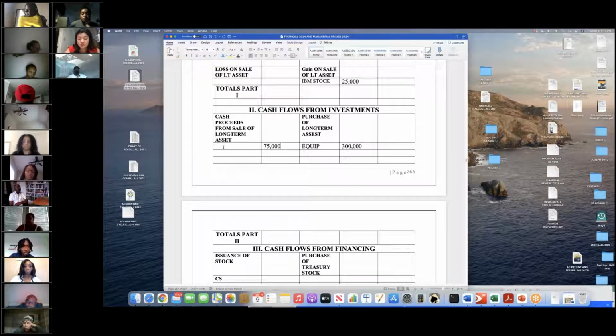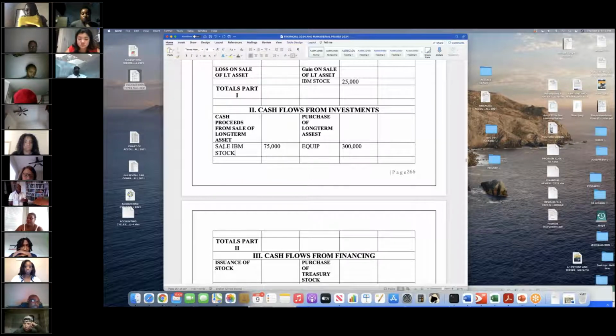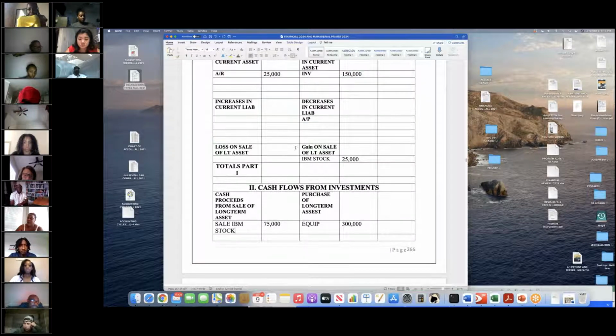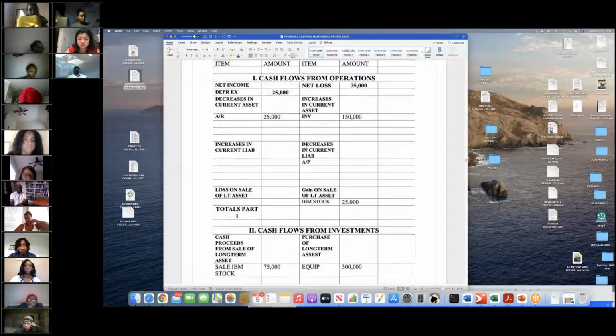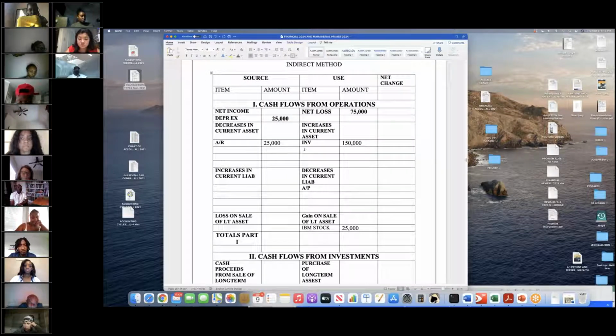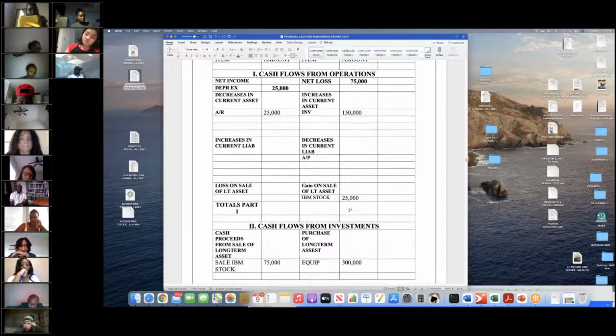So the net change in that account was 50. So we had 25, that was a gain, 75 was a cash proceeds.